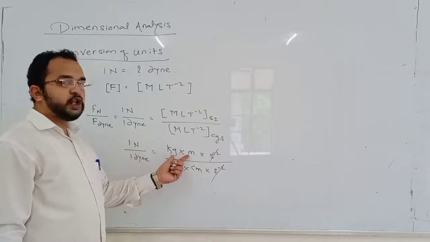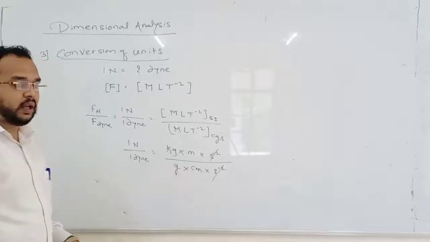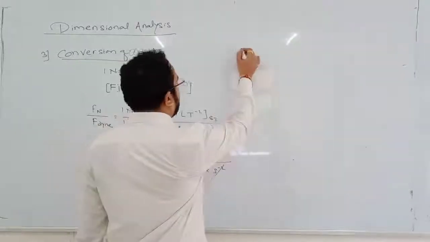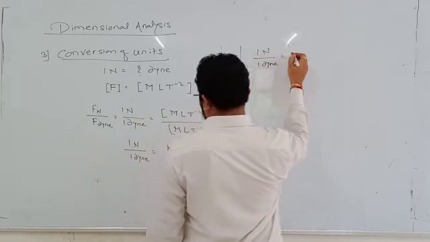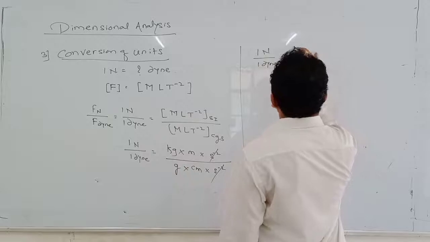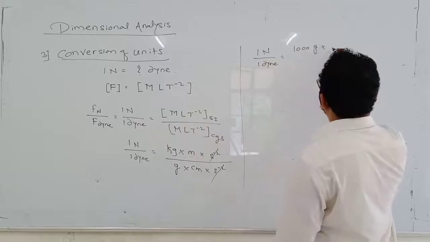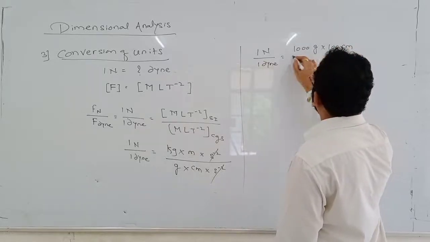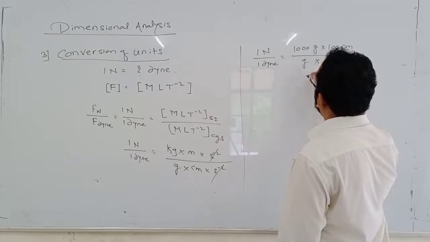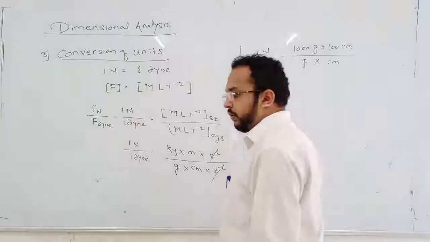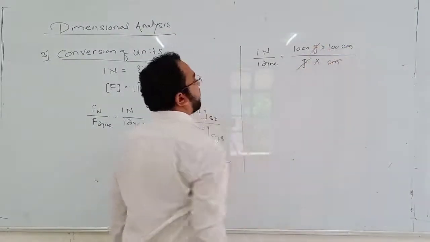Either you convert this kg and meter into CGS or convert this into SI. Convert either one, or convert both. So let's see what will happen. 1 Newton upon 1 dyne is equal to kg, 1 kg can be written as 1000 gram and 1 meter can be written as 100 centimeter upon gram into centimeter. Okay, now see, gram cancels, centimeter cancels.